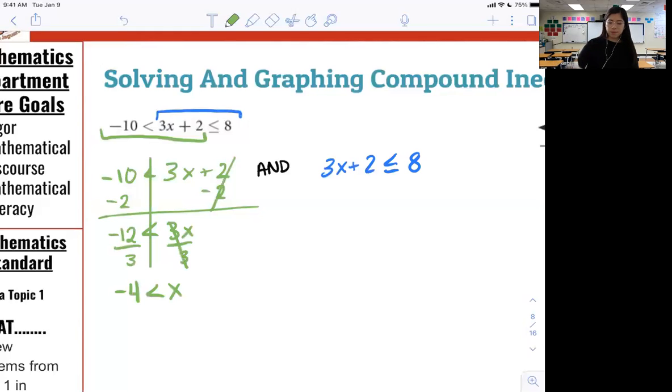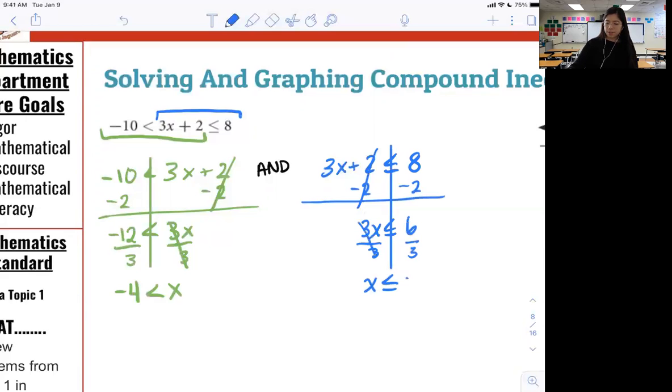Now I do the one on the right. Same thing, we're going to do the same 2 steps. What do I have to do first? Take away the 2. So subtract 2 on both sides. 8 minus 2 is 6. Dividing by 3 on both sides, I get 2.